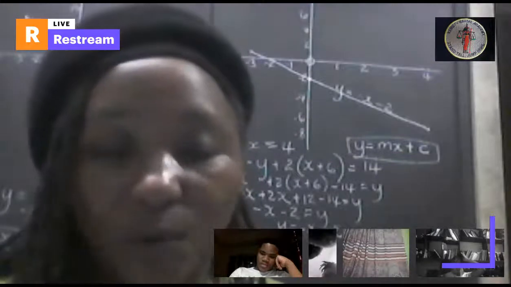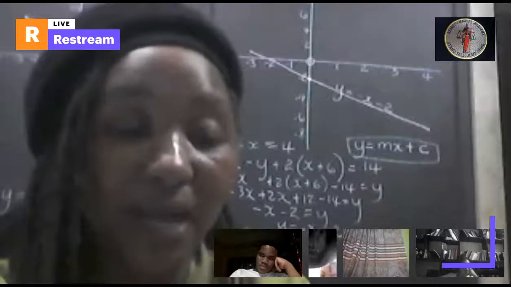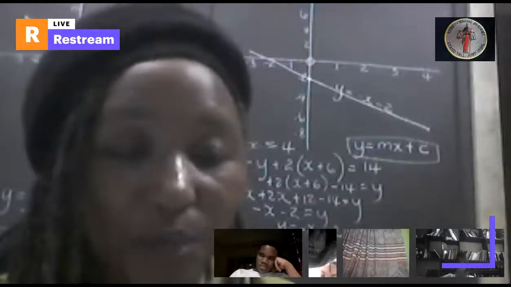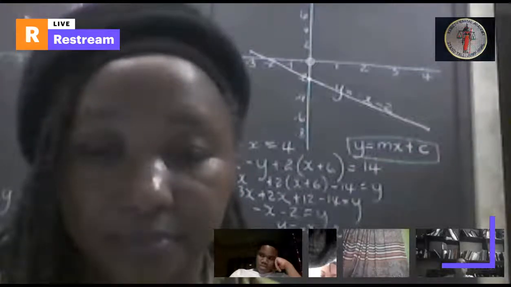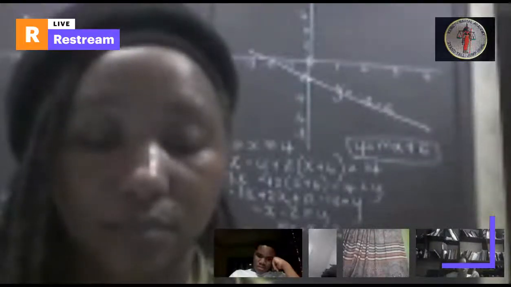I'm asking, what are the 3 things that we can know simply by looking at the linear equation? What can we know about that line? Miss, where it's supposed to pass through. And how it's going to be oriented.